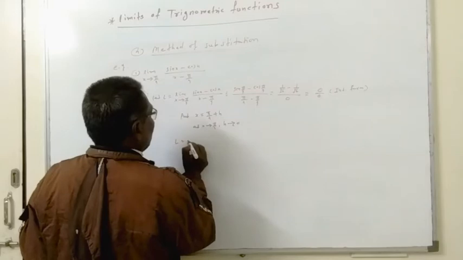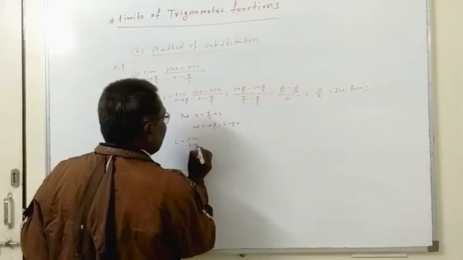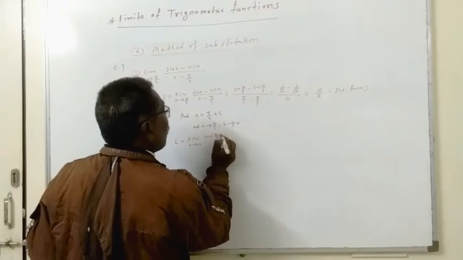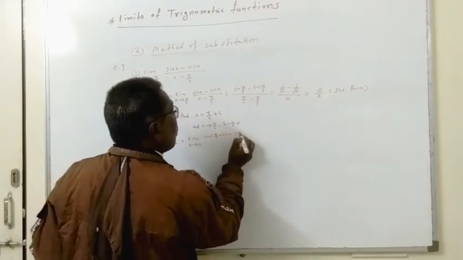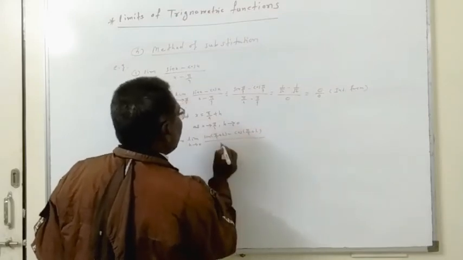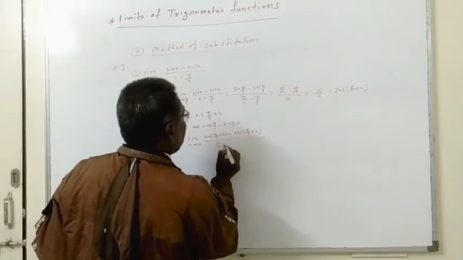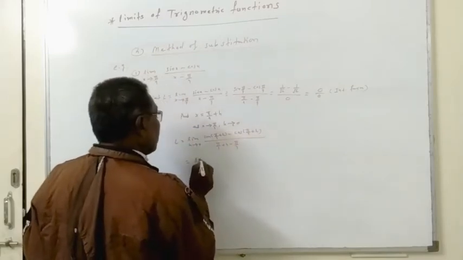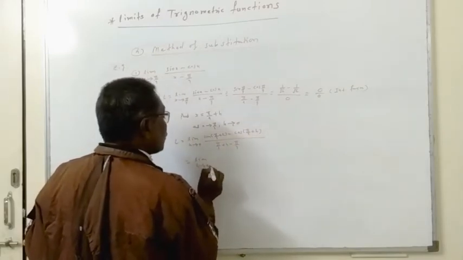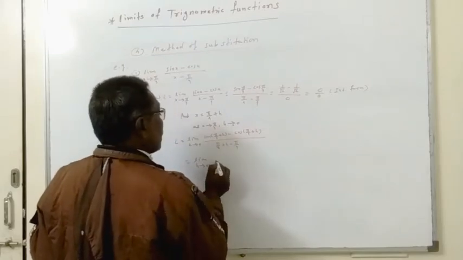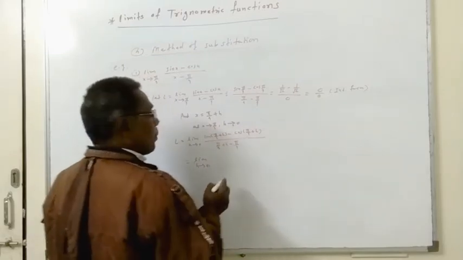So L is equal to limit h tends to 0, (sin(pi by 4 plus h) minus cos(pi by 4 plus h)) divided by (pi by 4 plus h minus pi by 4). So that is equal to limit h tends to 0. Now we will expand this sin(pi by 4 plus h).